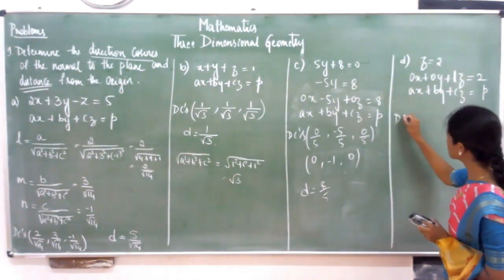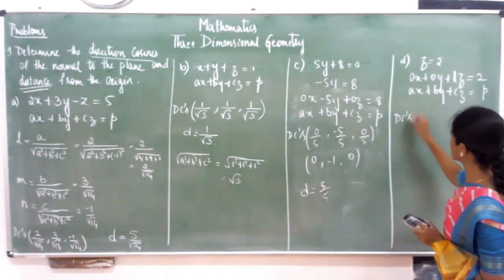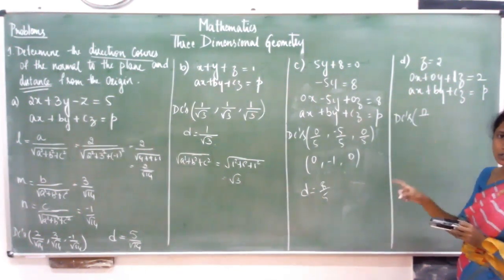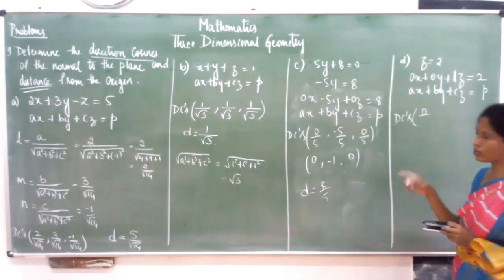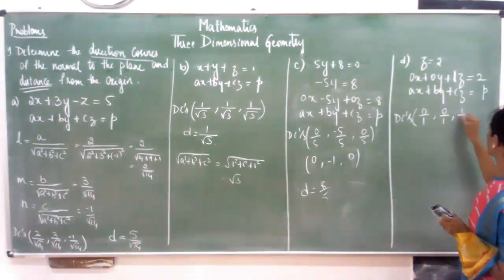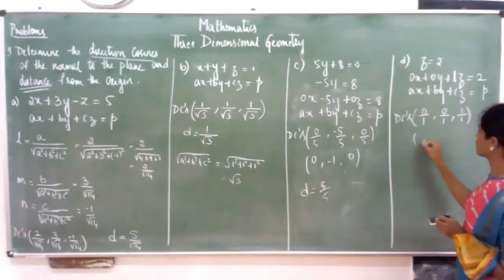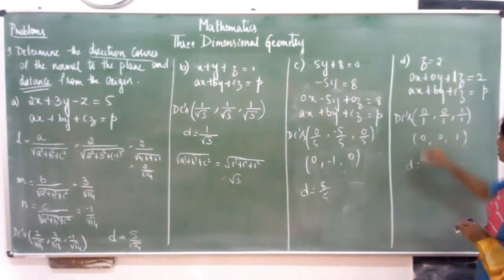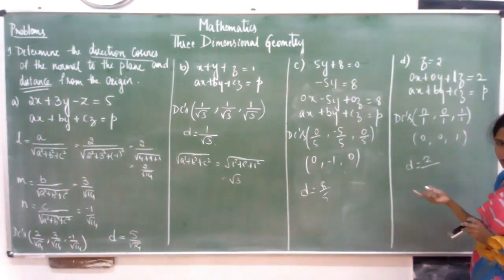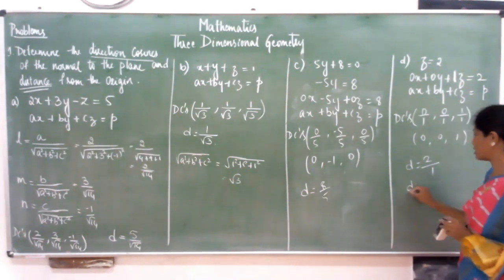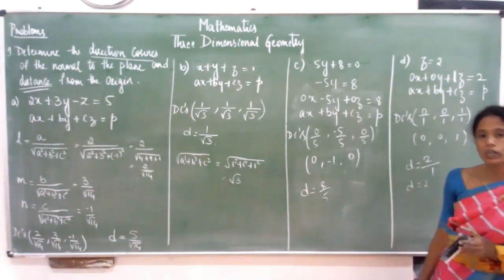So direction cosines is given by a by, that is 0 by root of 0 square plus 0 square plus 1 square, which is nothing but 1. Next you have 0 by 1. Next you have 1 by 1. Therefore you can write this as 0, 0, 1. And distance d is given by 2 divided by root of a square plus b square plus c square, which is equal to 1. Hence distance d will be equal to 2.